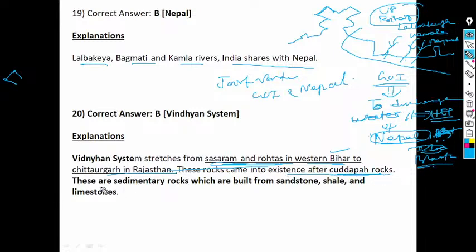They are sedimentary rocks built from sandstone, shale and limestone.